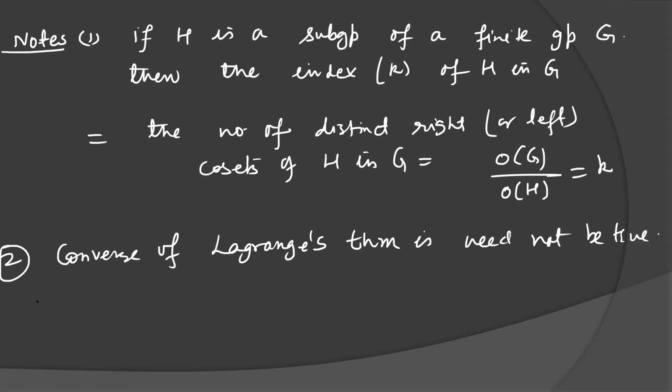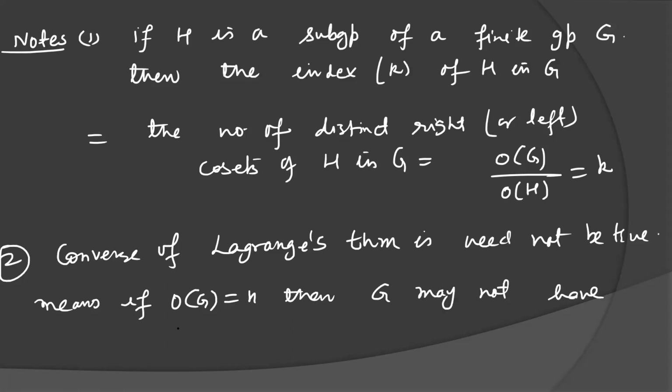Means if the order of the group is n, then G may not have a subgroup of order a divisor of n. For example, A4, I told you, An is the group of even permutations.